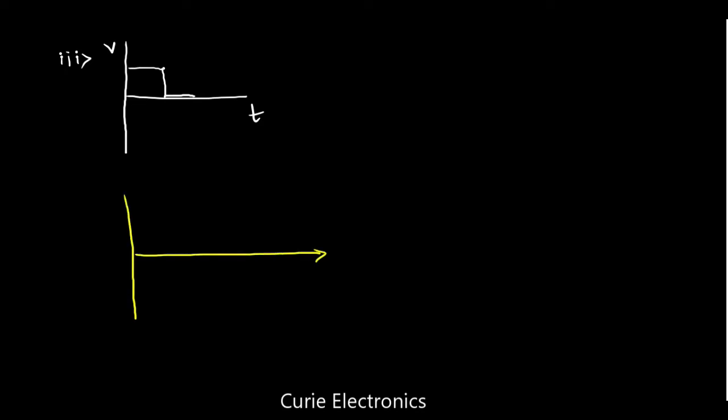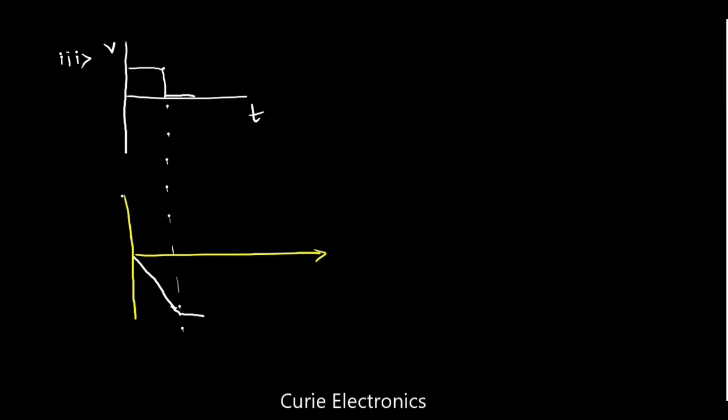The third case, what we do, see, if I apply a signal like this, this is as usual, this is a T and V. What we get as the output is, when the signal is positive, we will get a negative ramp.